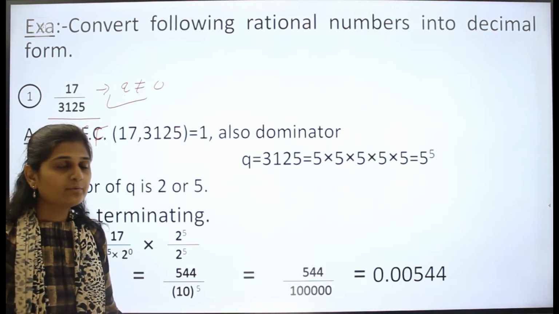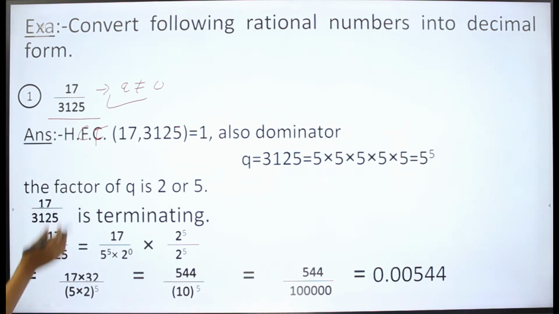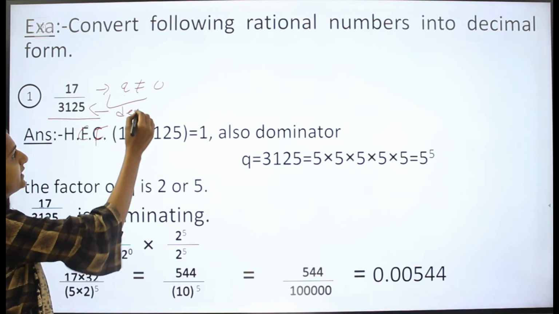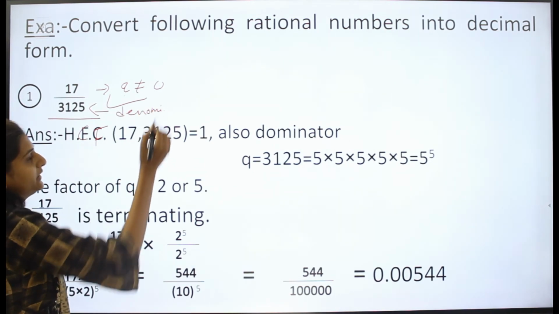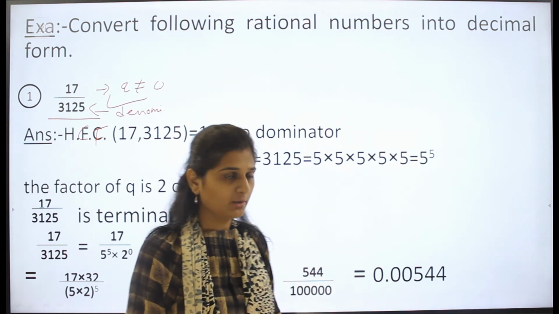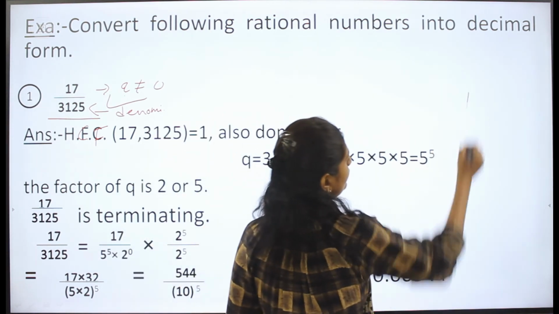First we have to find the factors of 3125. That is our denominator. Remember that you only have to find the factors of your denominator, that is 3125.